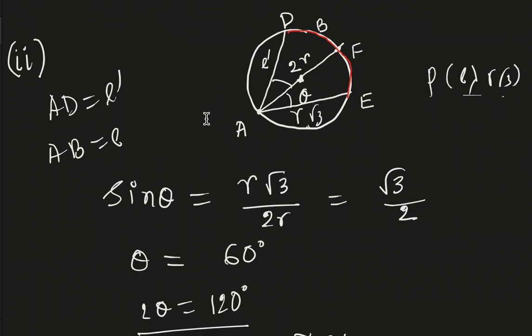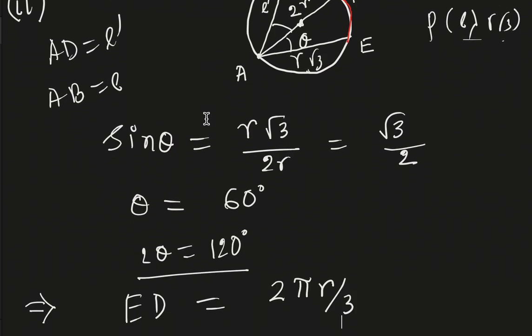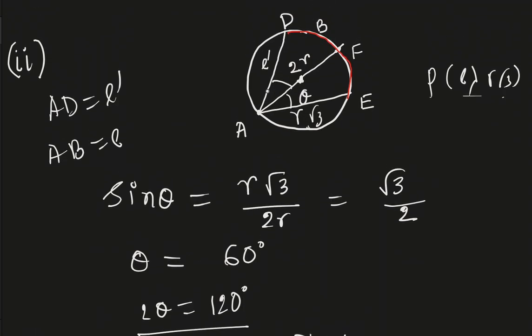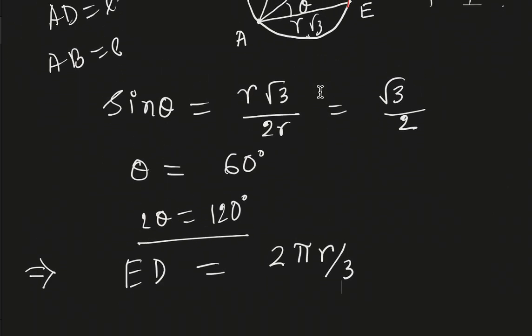Now if I fix A, how many chords can I draw? Similarly, how many points can I choose on this whole circle? The periphery of this circle represents the number of points by its length.